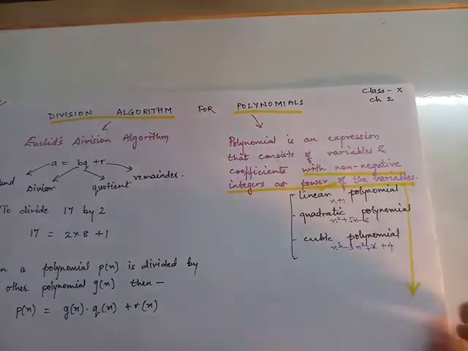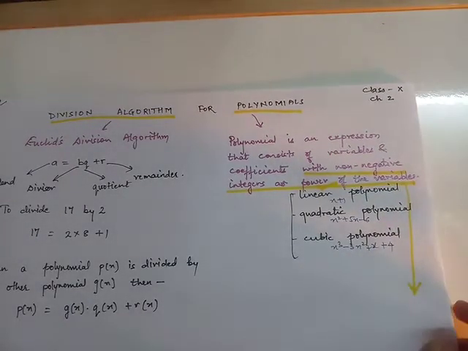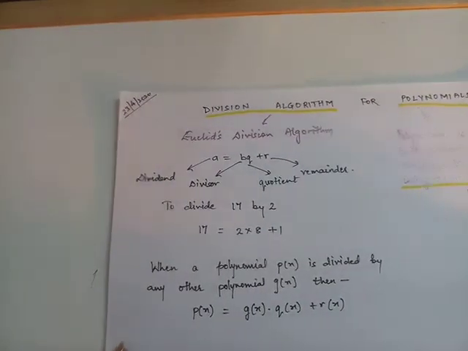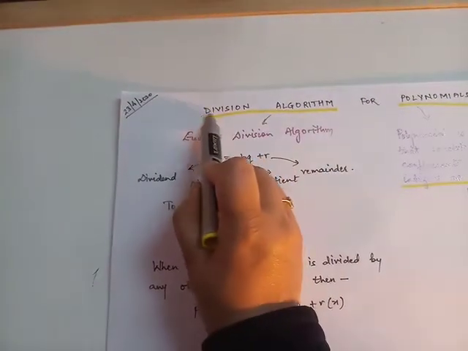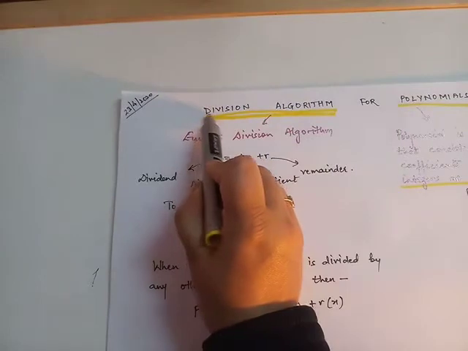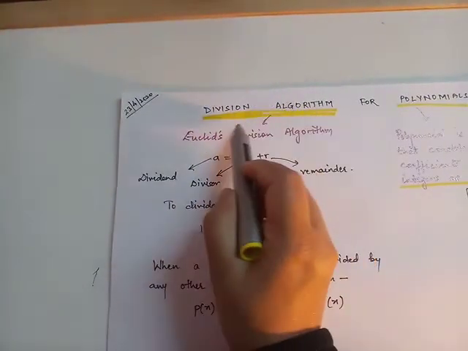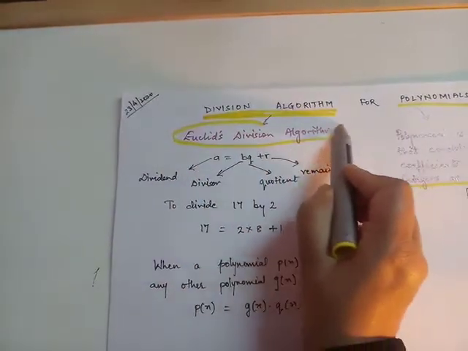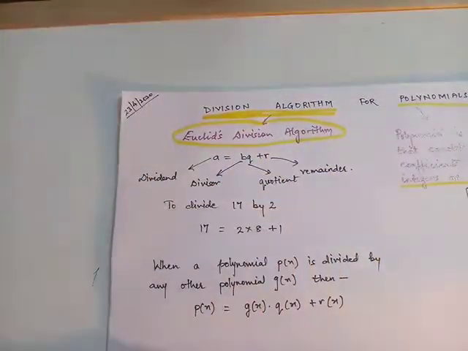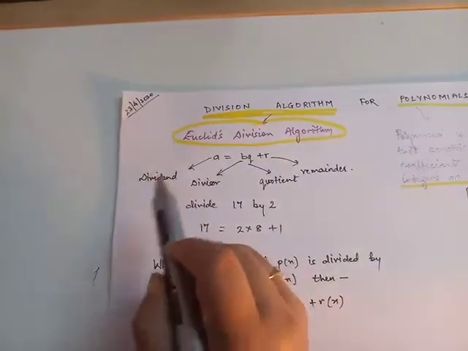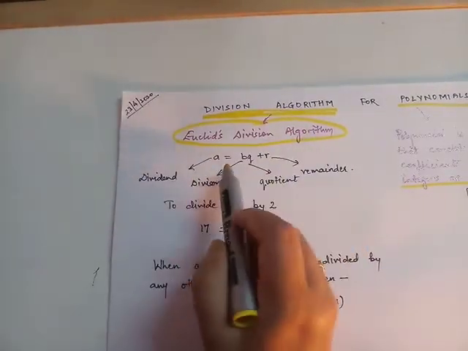Now, as we talk about the division algorithm part of our topic, the word which bounces in our mind as we hear the word division algorithm is definitely Euclid's division algorithm, which you studied in chapter 1. Now, what was Euclid's division algorithm, children?